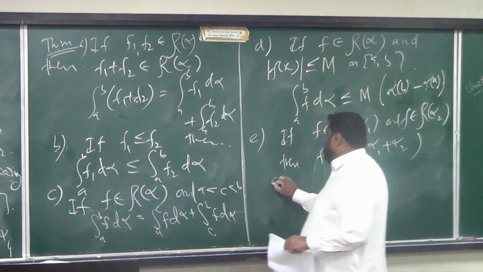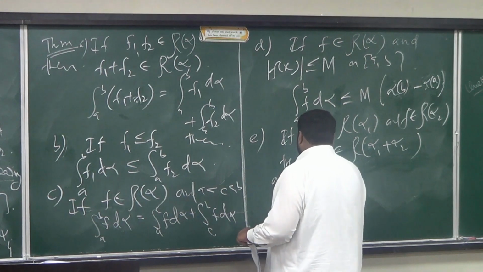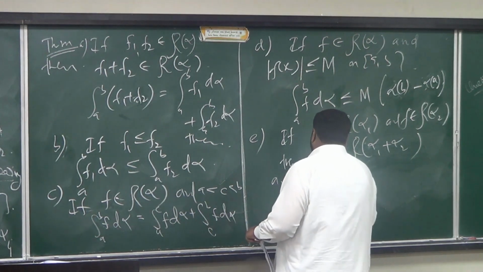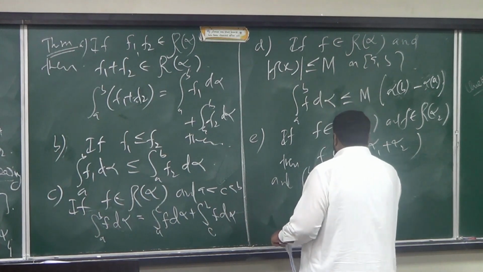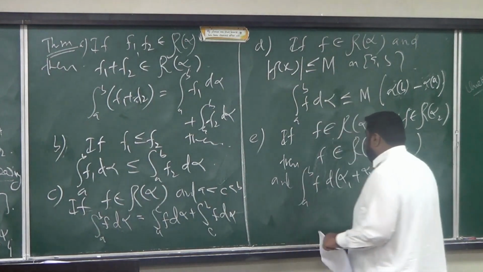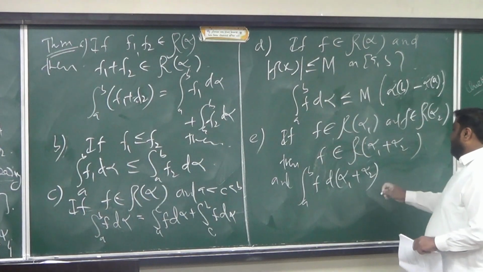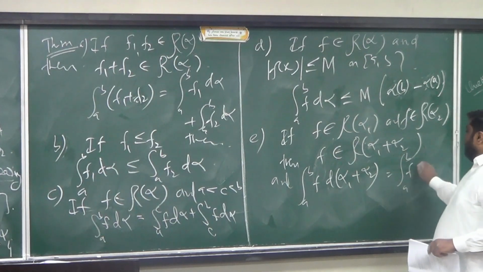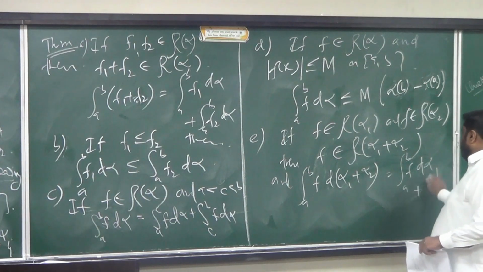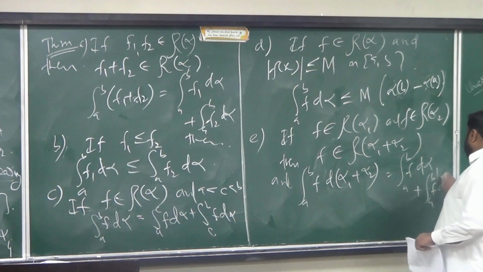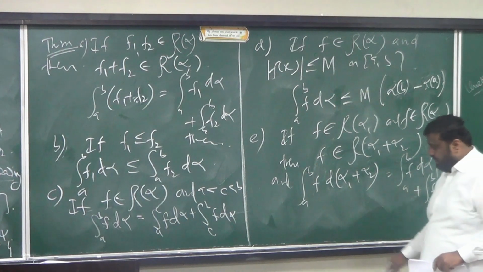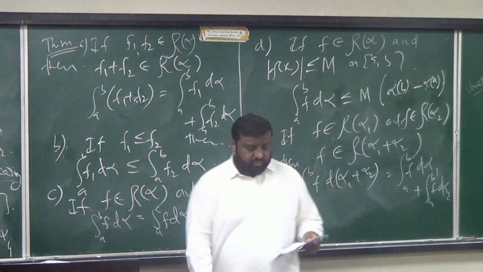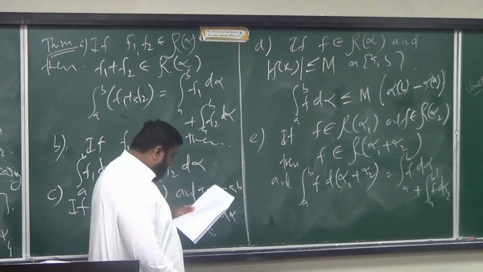Since it is integrable, the question is what would be the integral with respect to the sum? As expected, it should be the integral from a to b of f d alpha 1 plus the integral from a to b of f d alpha 2. This is what we would like to prove.